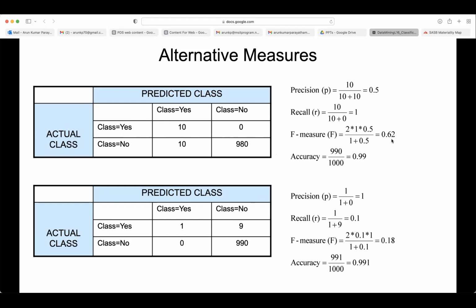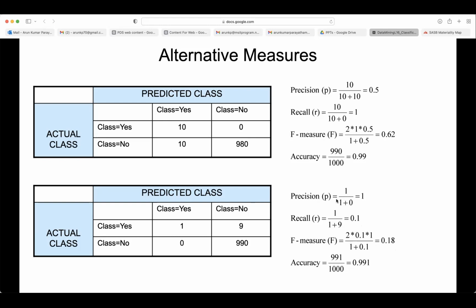So you are getting 0.62 here, F measure. Accuracy is 0.99. What about here? Precision is very high, right? And the recall is 1 by 10, 0.1. F measure is 0.1.